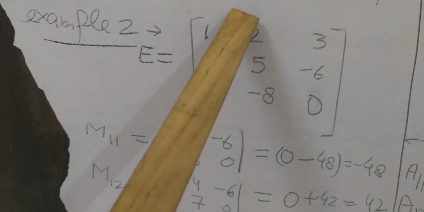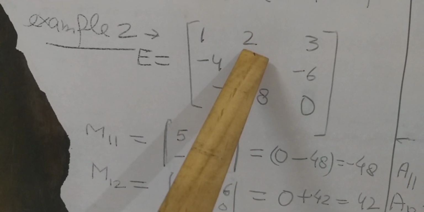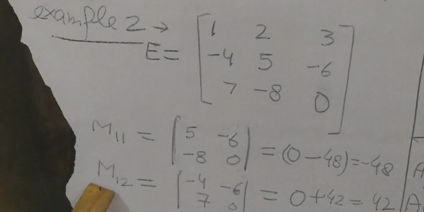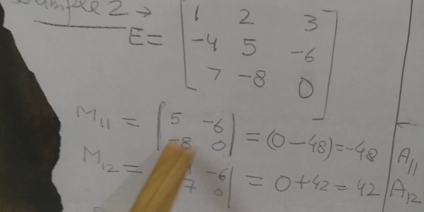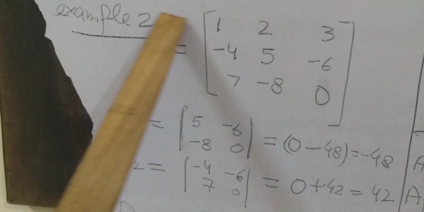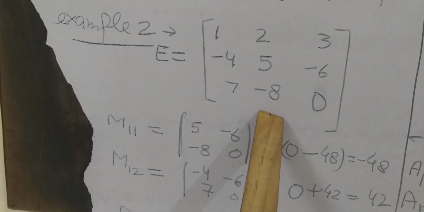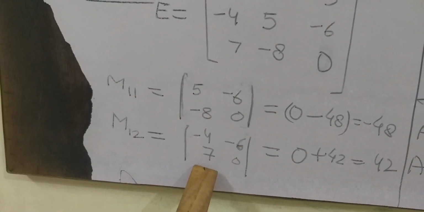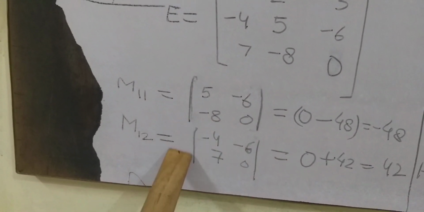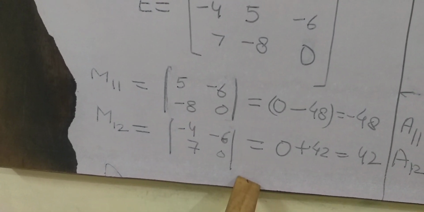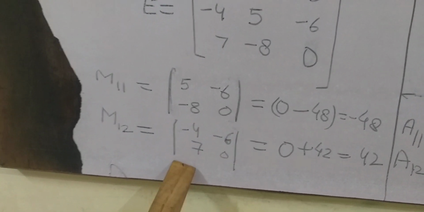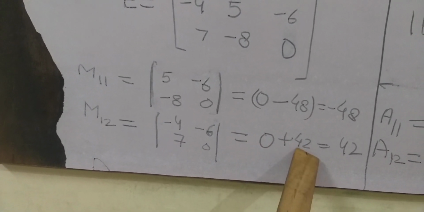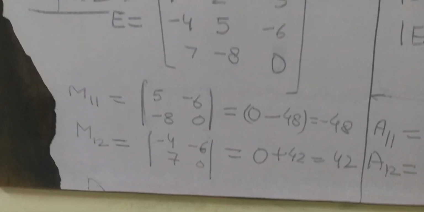Now its minor, students, it is at the position of A12. So its minor will be denoted by M12. Delete its row and column. So this row and this column are deleted, the left values are minus 4, 7, minus 6, 0 written here. Now find out its determinant. 0 minus 42, then the minus sign is also there, plus 42. Okay, students, so it equals 42.